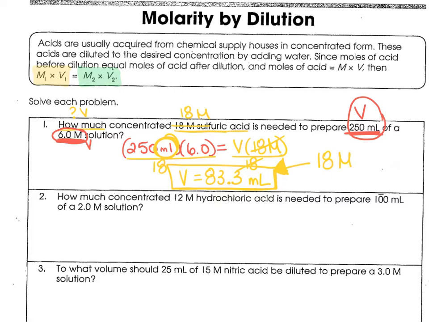I'm going to measure out 83.3 milliliters of it, and then I'm going to add water to dilute it until I get up to 250 milliliters. So I'm going to have to add whatever 250 minus 83.3 milliliters. I'm going to have to add that much water to dilute this.